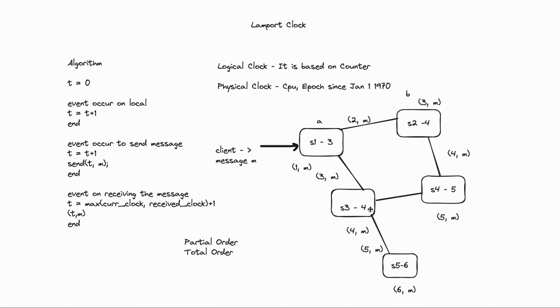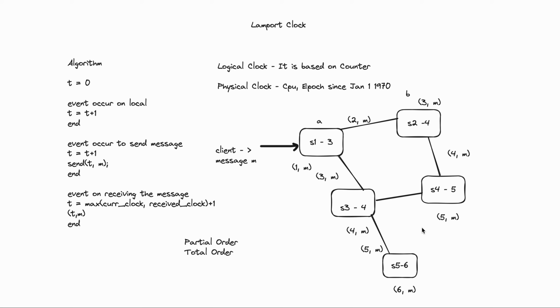So is there any possibility that these two counters can be the same? It's possible. Since each machine has its own counter, in some cases these counters may be the same, for example 5 and 5. In those cases we know that this event happened before this event, but when the counters are the same, we cannot say which event happened before the other.